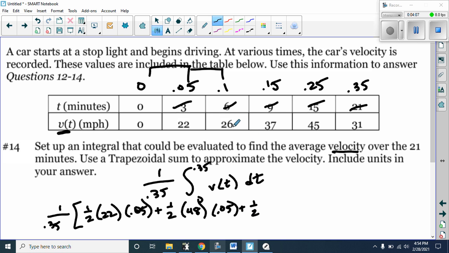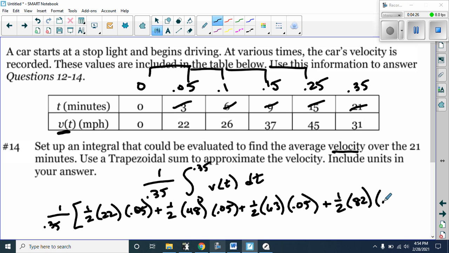Sum of the bases on the next interval is 63. Height is again 0.05. Sum of these bases is 82. Height this time is 0.1. And our last interval, the sum of the bases is 76, and the height is 0.1.